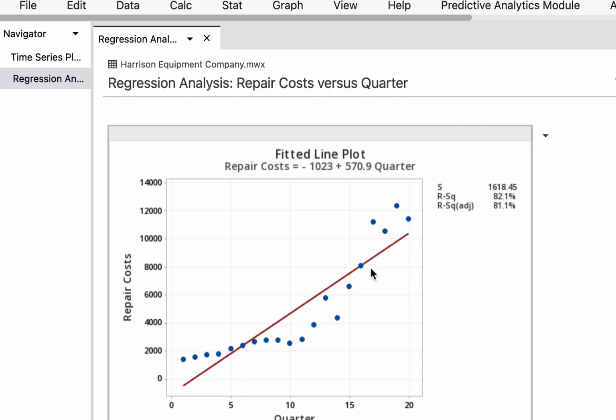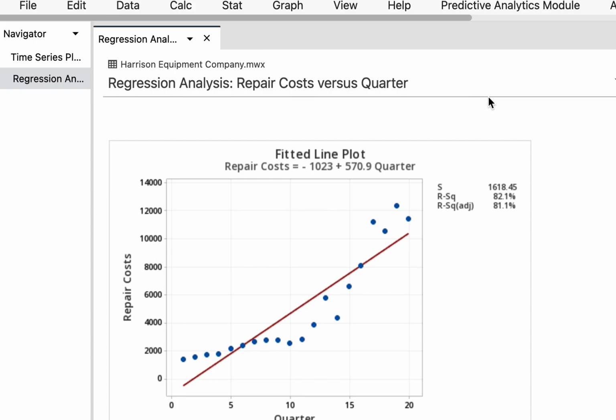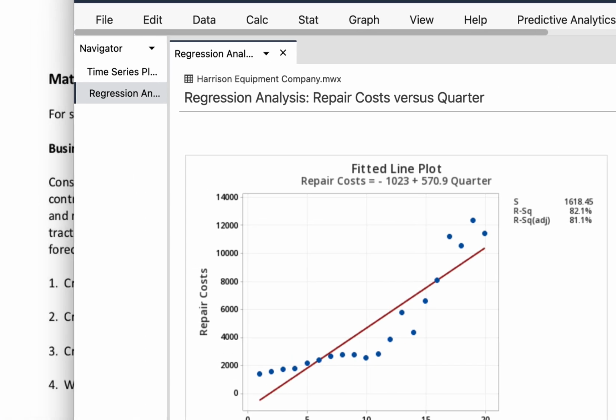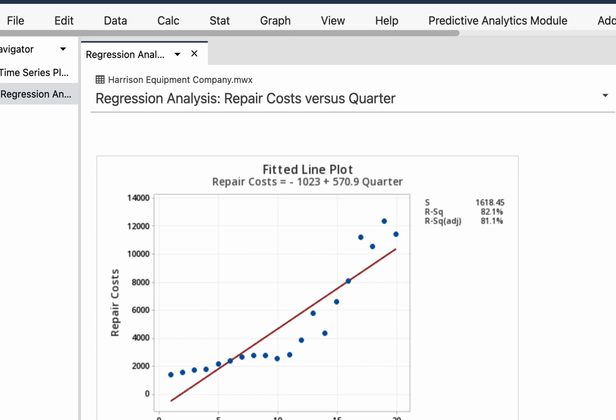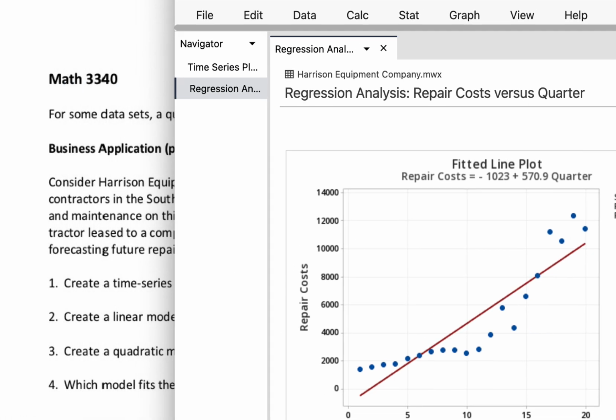So when I look at this line, I can see that it sort of fits the data a little bit. It's a generally positive line. It kind of fits the points, but it maybe doesn't fit the points as well as a quadratic graph might. So I'm going to write down my R squared value here of 0.821.